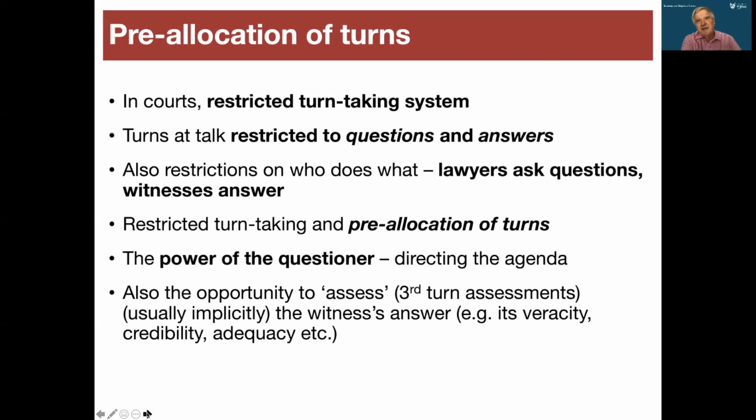By assessing it, the lawyer can, in various ways, imply whether they believe the witness's answer, whether they believe it was truthful. So they can indicate the extent to which they think that answer was credible or adequate or something of that kind.